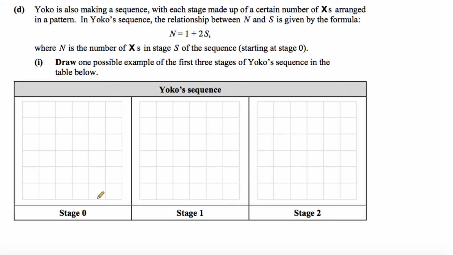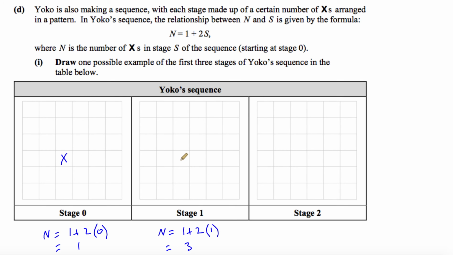Okay, well in stage 0, s will be 0. So we're going to have n is equal to 1 plus 2 times 0. So that's just 1. So we're just going to have 1 x there. Stage 1, n is going to be equal to 1 plus 2 multiplied by 1, and that's equal to 3.